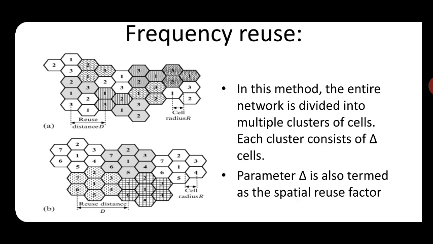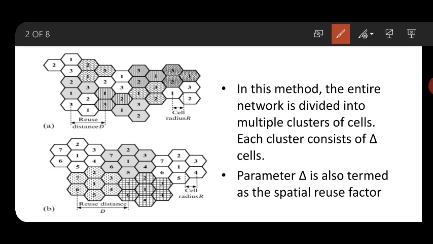Let us take the frequency for cell number 1: cell number 1 is f1, cell number 2 is f2, cell number 3 is f3, meaning the available frequency f would be divided into channels, that is f1, f2 and f3.